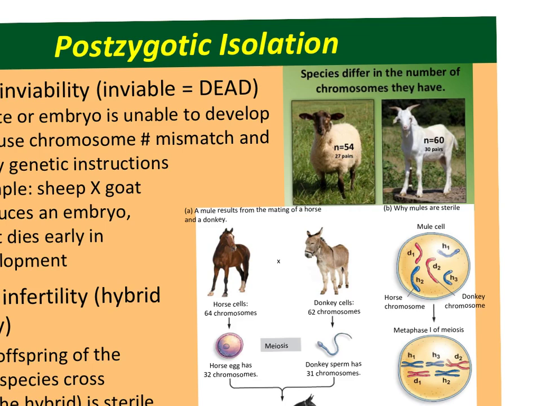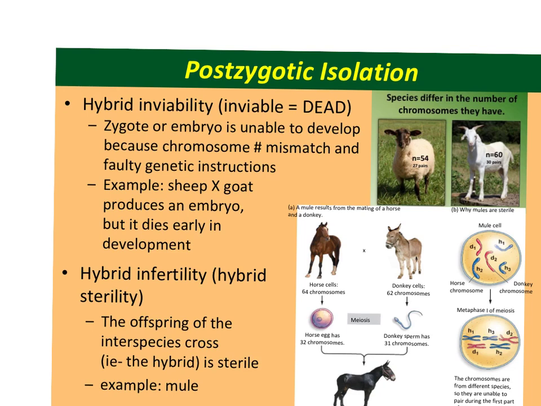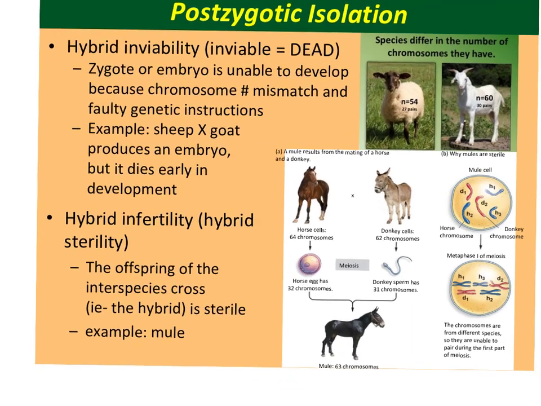Sheep have 27 pairs, that's 54 total chromosomes, and goats have 30 pairs or 60 total. So, if you let these two animals together, a male and a female, they will try to mate, but embryos die soon after fertilization. I'm not sure for how long, but it always produces a lethal embryo and dies during development.